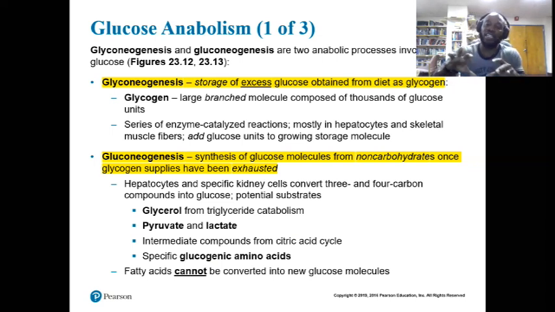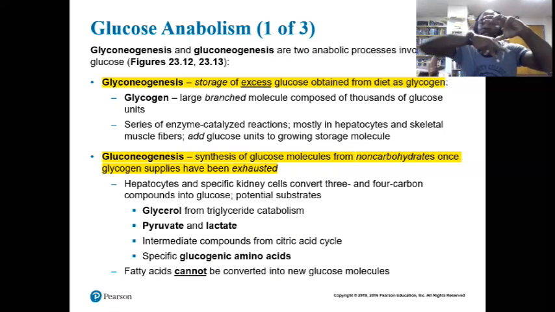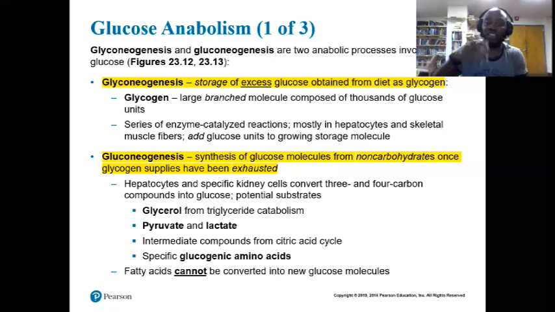Gluconeogenesis is taking molecules that are not carbohydrates and making new glucose molecules. All right, and this can happen from glycerol from the triglyceride. Remember, triglycerides are glycerol plus three fatty acid chains. You can take that glycerol, make glucose. From pyruvate and lactate, you can make glucose. And then you have other amino acids that you can use to make glucose.